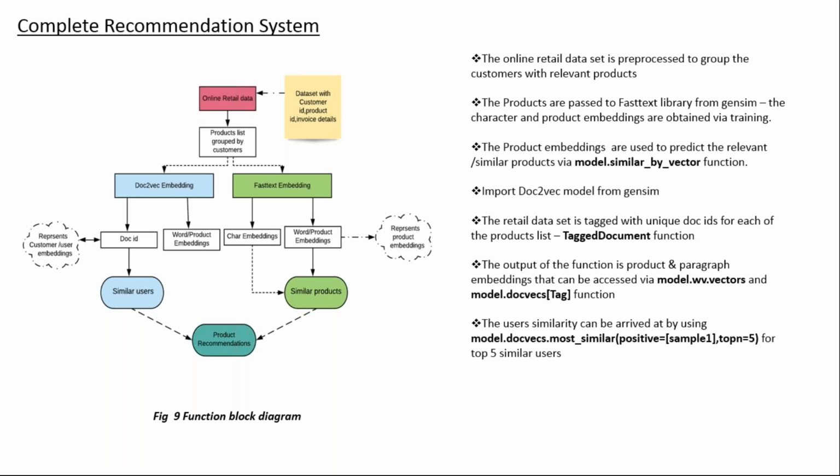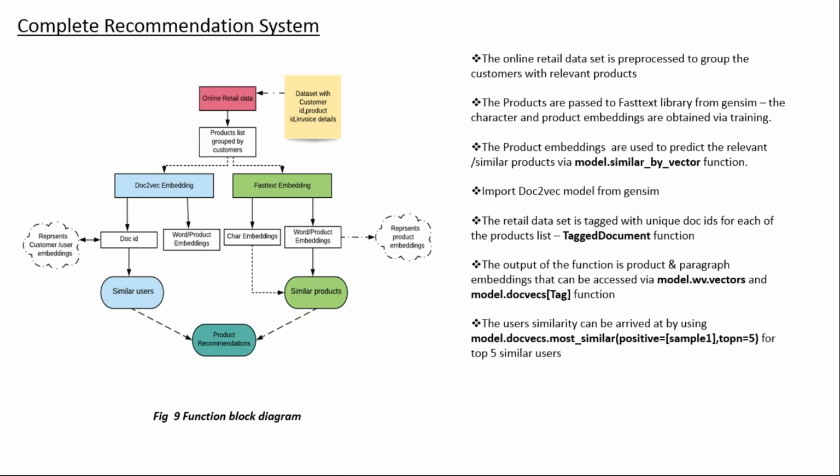And if you see the left side flow, which is document to vector embedding, it spits out the embeddings for your document ID, which is nothing but a customer, and the word embeddings, which are nothing but the product embeddings. Using this feature, you can group the similar users and recommend the product to similar users.